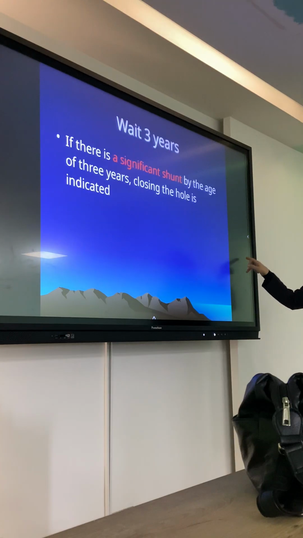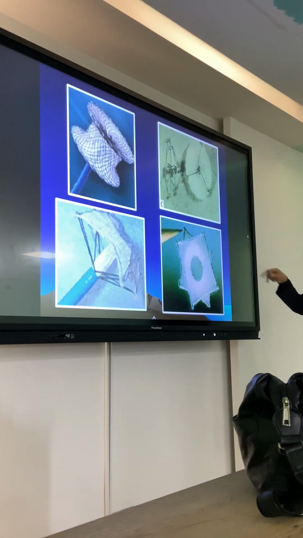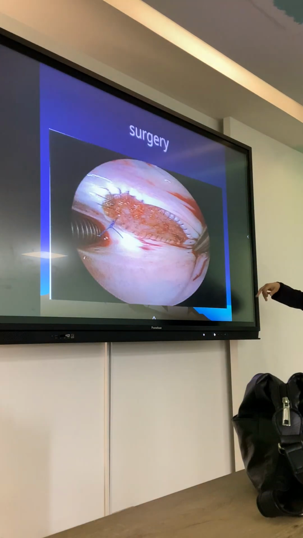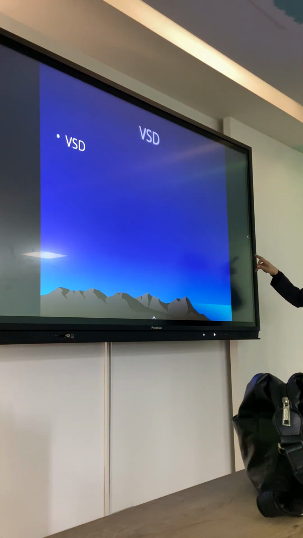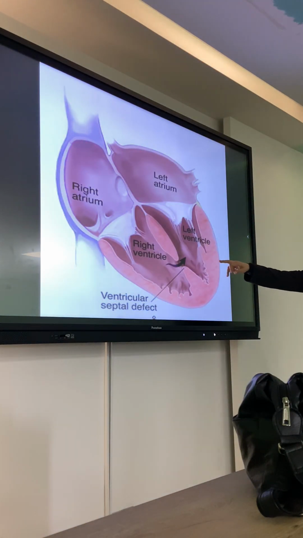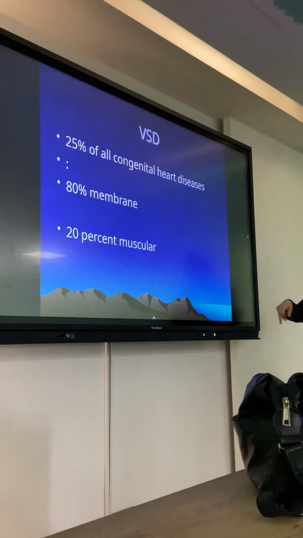And we spoke about umbrella used for ASD and VSD for closing. This is surgery. And we also spoke about VSD, okay? Ventricular septal defect.